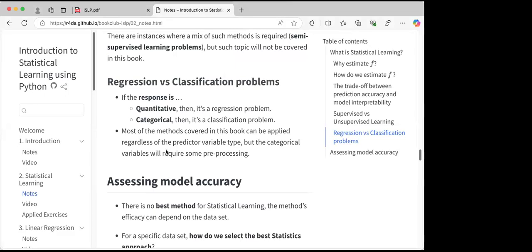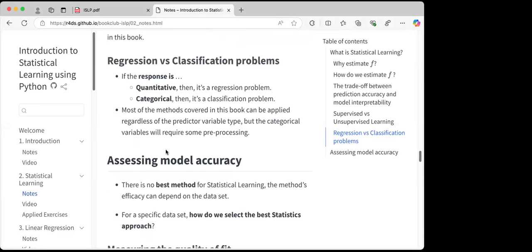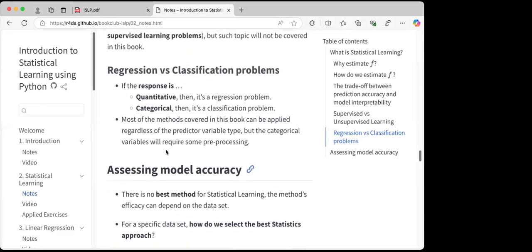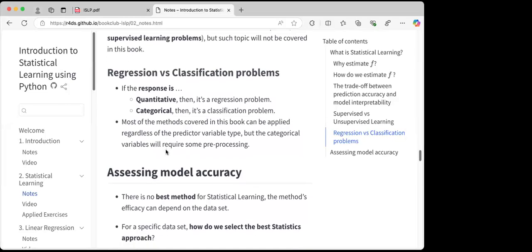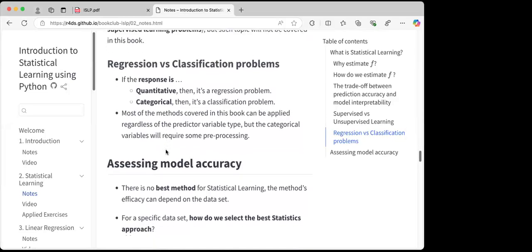But for the y, which is the response variable, it is important to know whether it's a quantitative variable or a categorical variable, because that will help us to know whether we have a regression problem or a classification problem. I'm not sure if this is clear or if someone wants to add something.